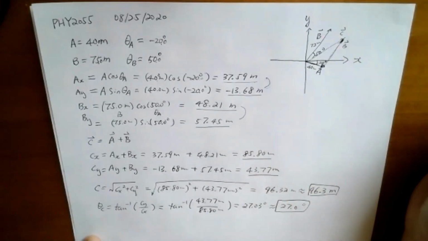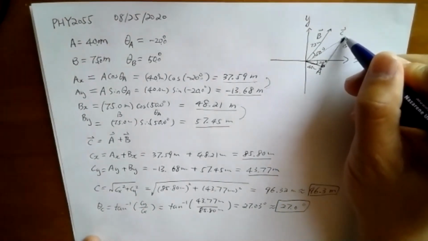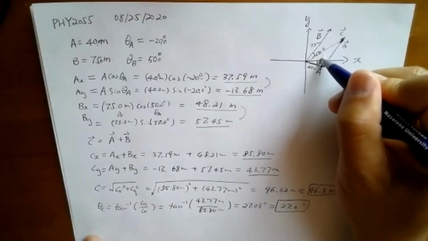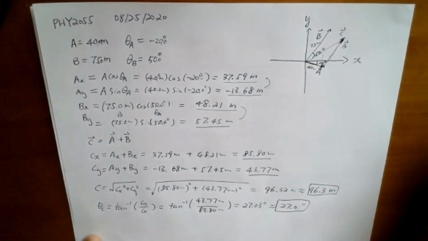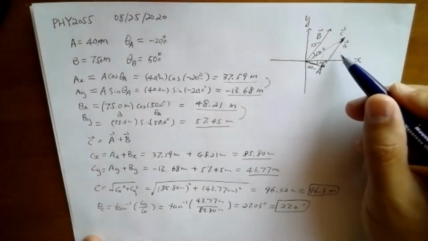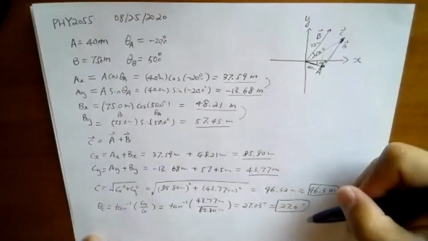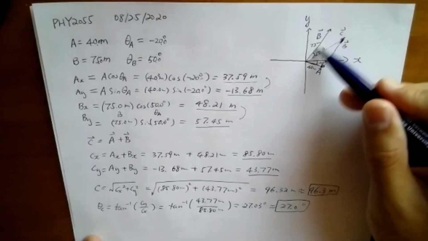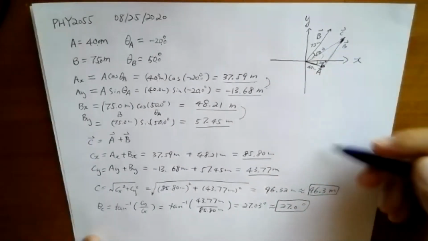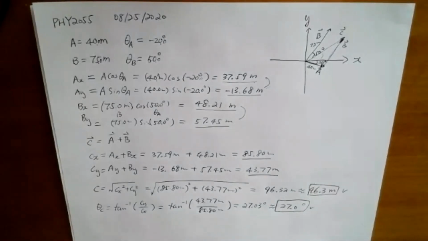So 27 degrees. From your figure here, you can see it makes sense. This is a really rough sketch, but it represents your answers here. About half of the angle, 27 degrees, and then a little bit longer than the B, the 75. So that sounds like we have the correct numbers for its magnitude and the directional angle.